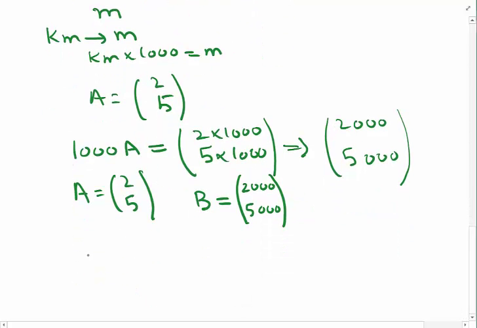Alright, so this is all about multiplication of a matrix by a constant. Here we summarize all the three operations, that is addition, subtraction, and multiplication of a matrix by a constant in one question. And we also discussed a kind of application where we apply the concept of multiplication of a matrix by a constant.